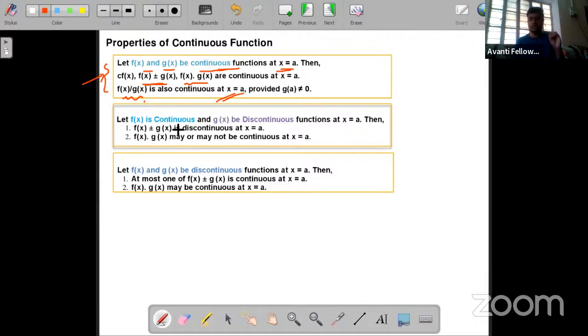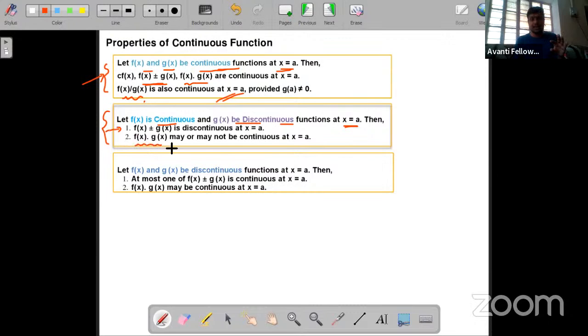continuous at that point. Now the second case is if one function is continuous and another is discontinuous at some point x equals a, then the operation of either addition or subtraction will also be discontinuous, because if any one is discontinuous, then plus or minus with that function is again discontinuous. This can easily be remembered.